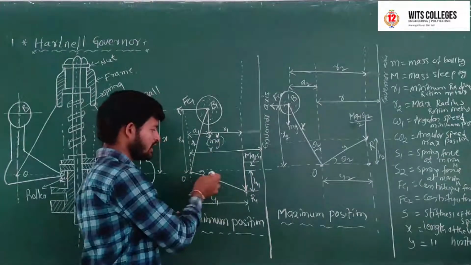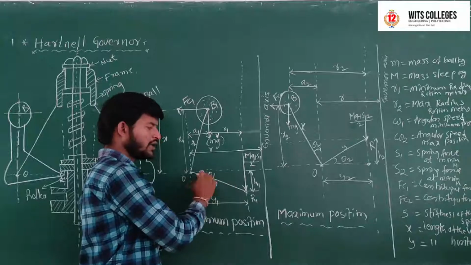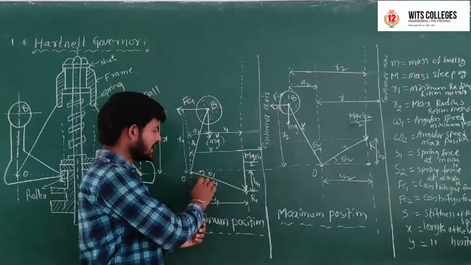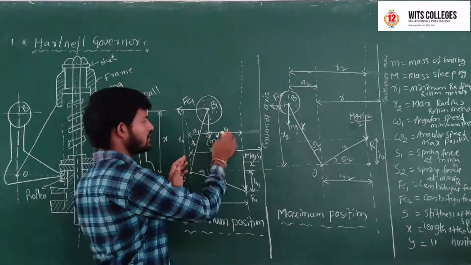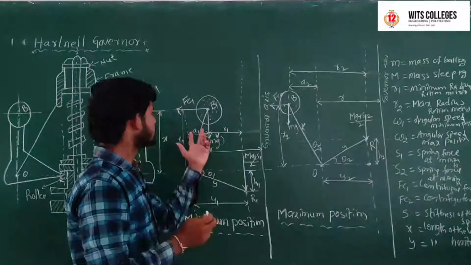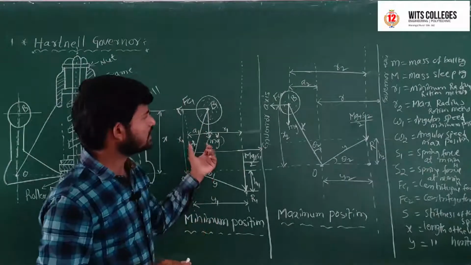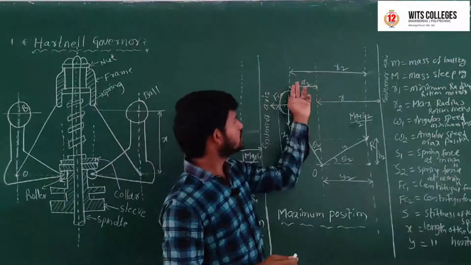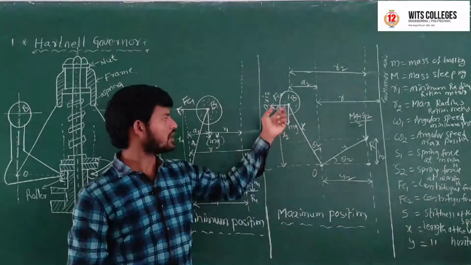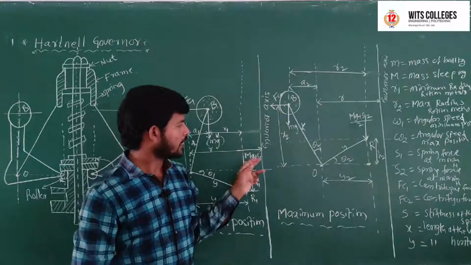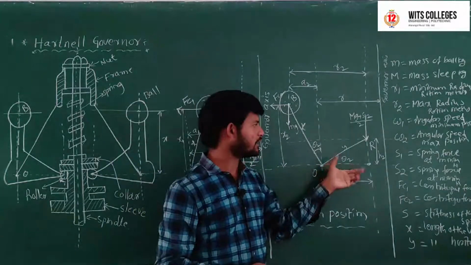This theta is the angle between the arm, whose length is along it, and the axis. Next this is the x, and this is the total r1, the distance from here to here, and this is the S1. In the same way, this is the r2 value, and this is the mg, the weight applied by the ball, and this is the theta angle at maximum position.